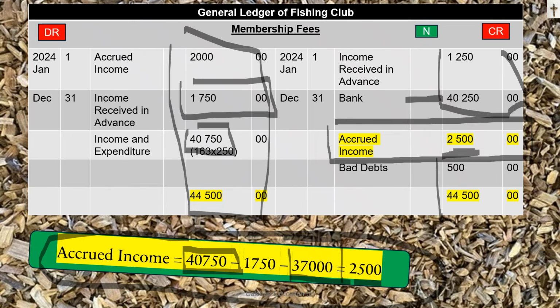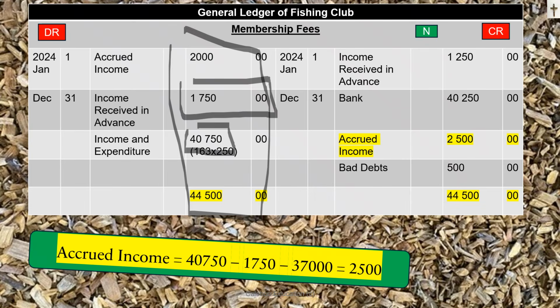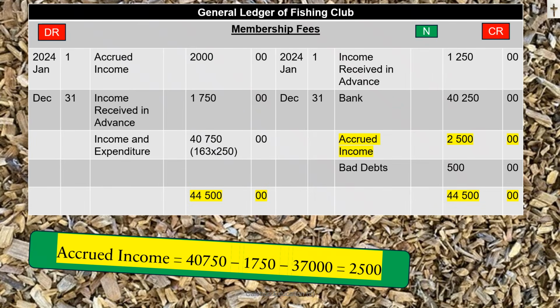But this here is the membership fees account, which is very important for this section. It's a nominal account. It's an income account. I'm going to run through it quickly.